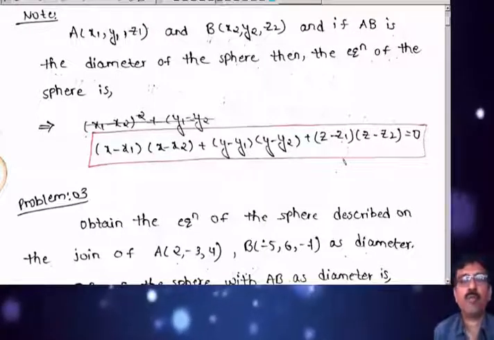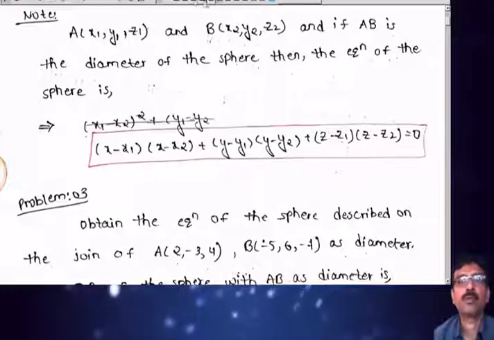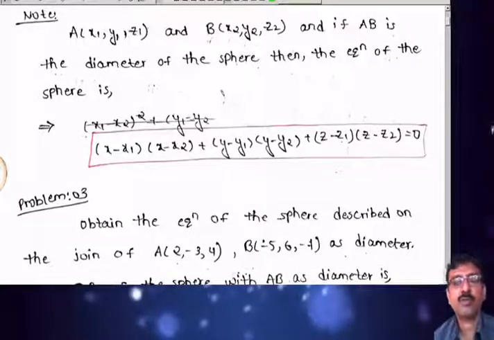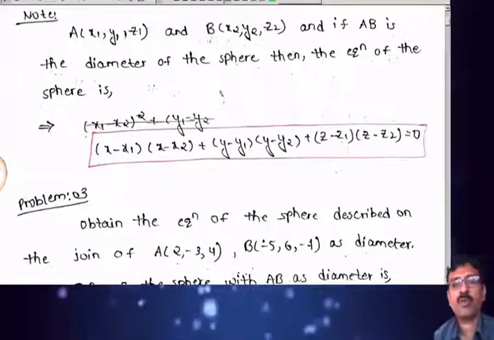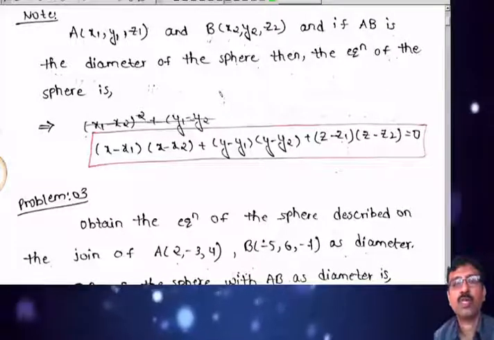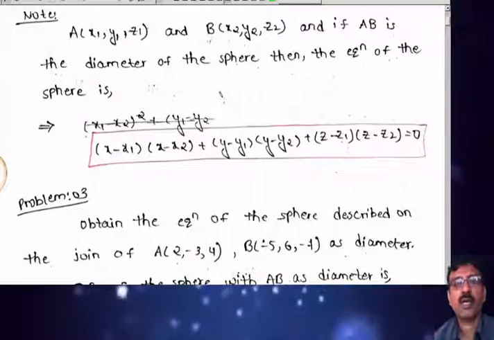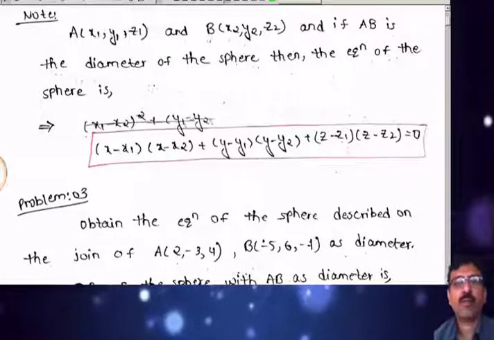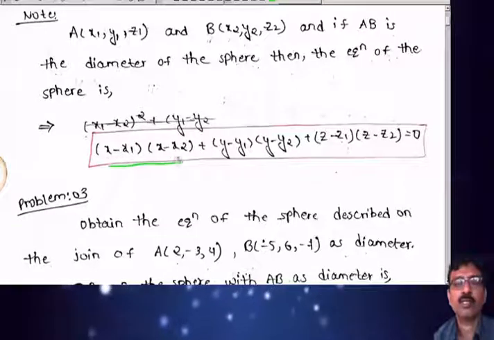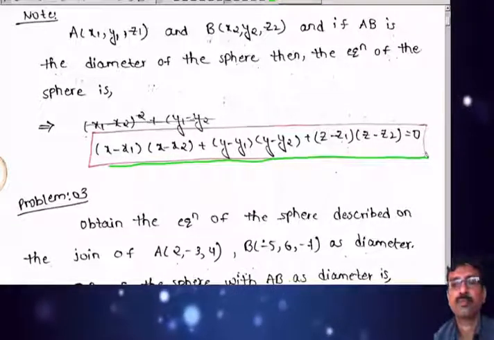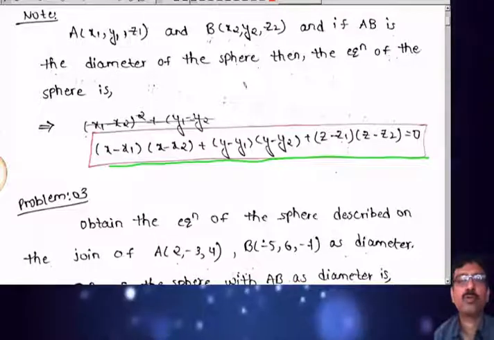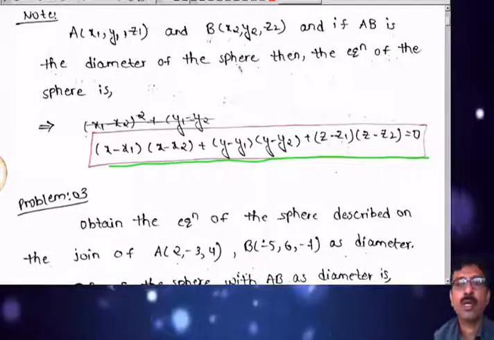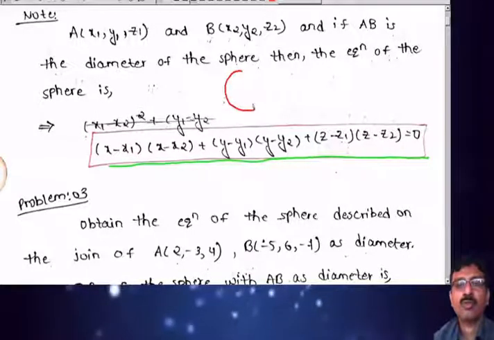So here one more formula. Till now we have discussed the general equation of a sphere in two ways, with center and radius, the four formulae, and the fifth formula here it is. When we use the formula, assume that this is a sphere.